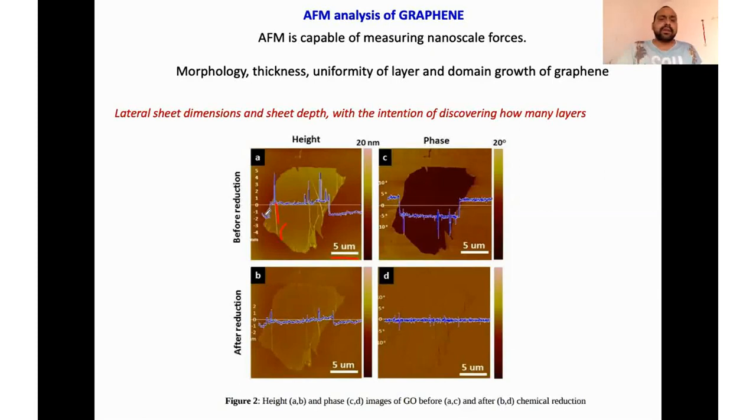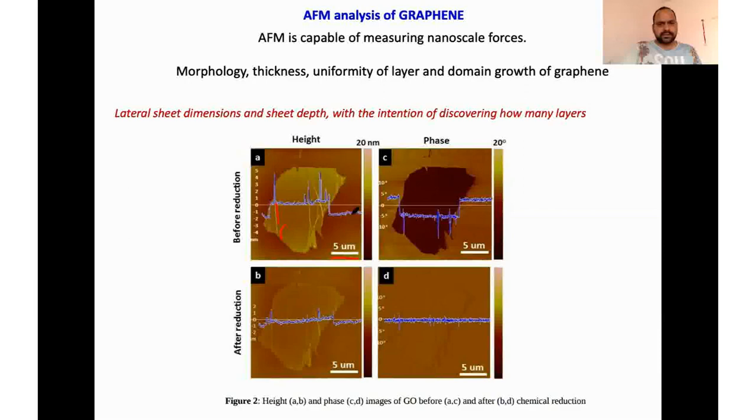So what kind of foldings are there, basically the roughness of the sheet. The blue color corresponds to the variation in height, and the red color again shows the variation in height. So the sheet varies from -1 to +1 when it is graphene oxide, and you can see the gap.